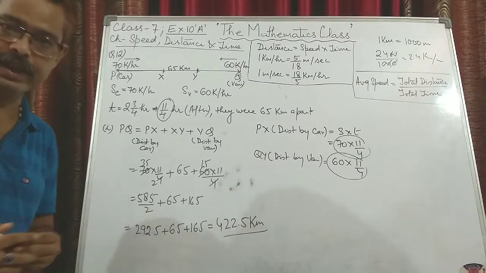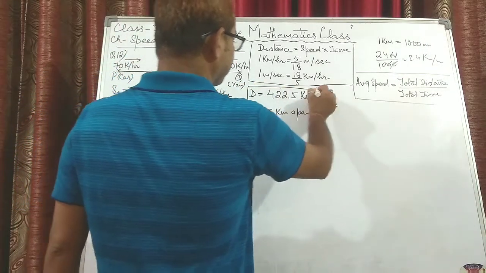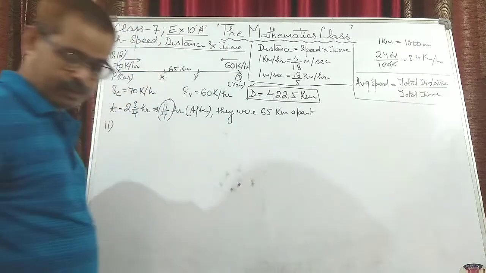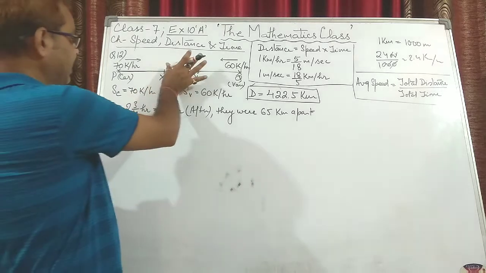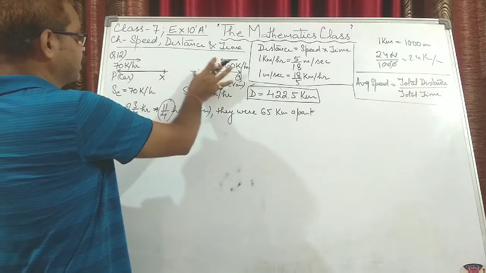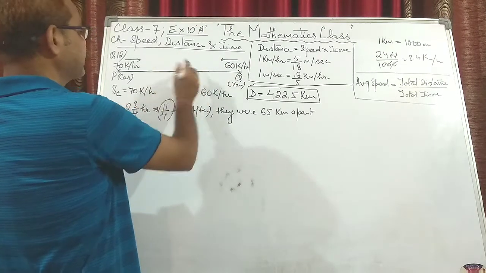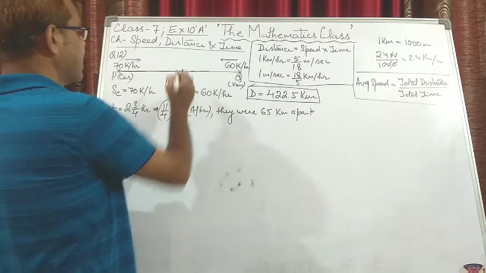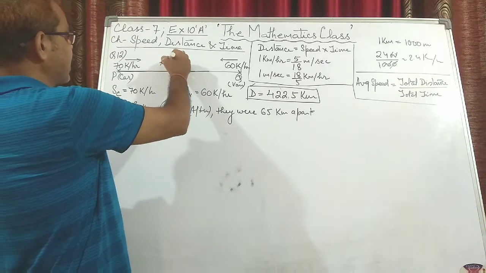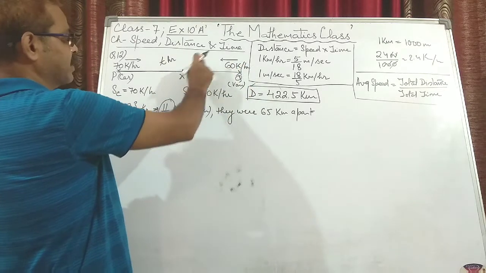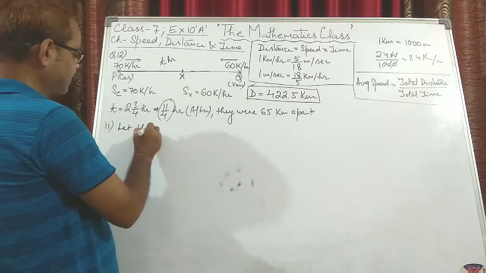Now we move on to the second part. The distance we calculated is 422.5 kilometers. The second part asks after how many hours of travel they would cross each other. Let us say they meet at a point X after T hours. The car takes T hours to reach this point, and at the same time the van also takes T hours.